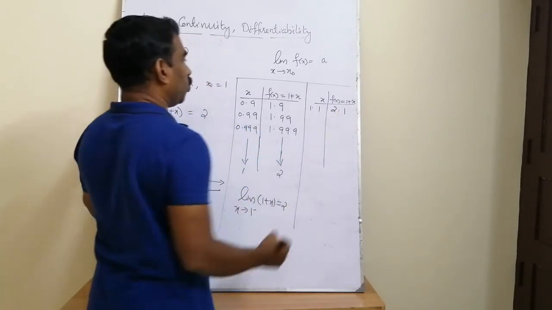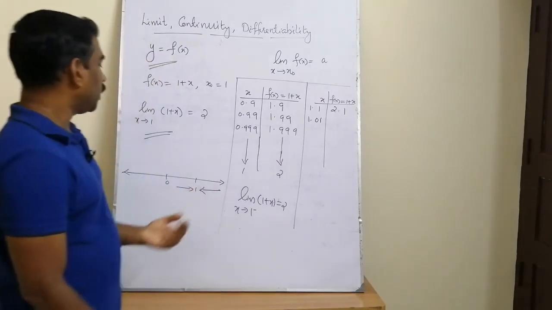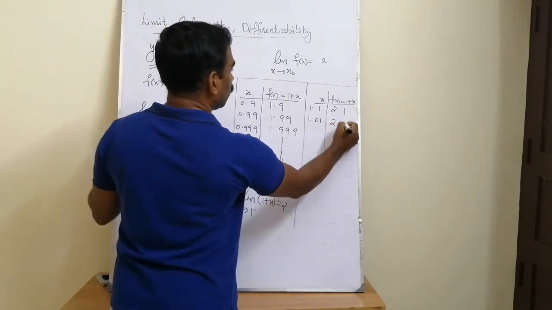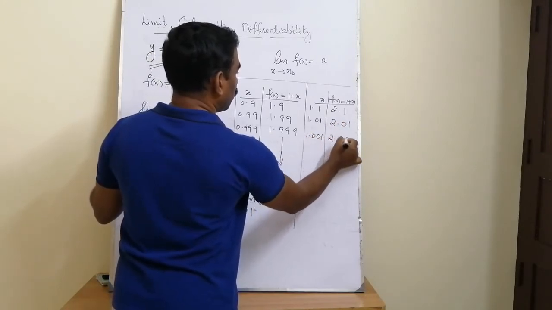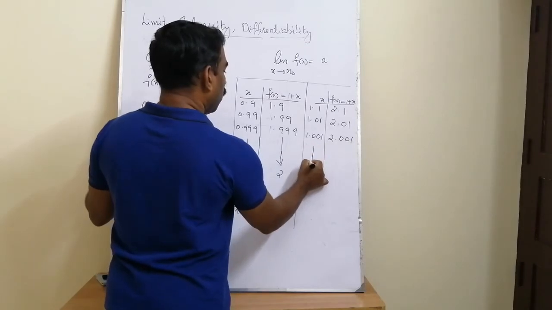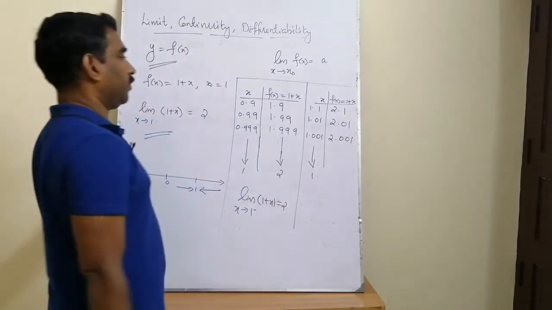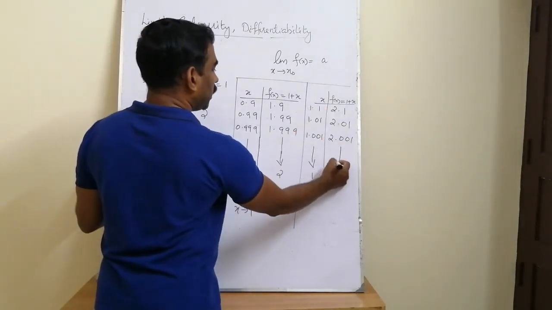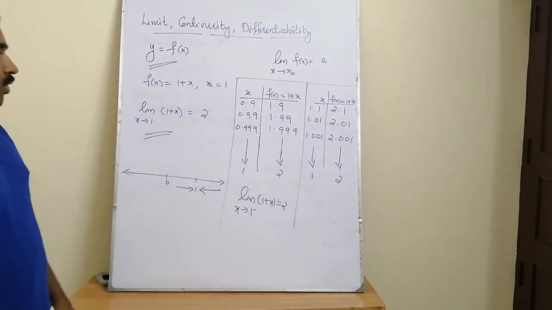Then we have the output 2.1. Next we approach 1 from the right side by decreasing the value, 1.01. Then this becomes 2.01, then 1.001 gives 2.001, and finally all these x values decrease and go to the value 1. Then we can see that the output values are decreasing and finally approach the value 2.